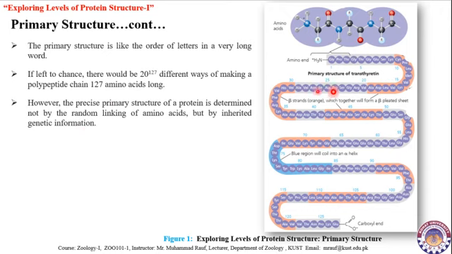So although this polypeptide has an enormous ability to become different because of the rearrangement of amino acids, with 20 raised to the power 127 combinations possible, it doesn't happen every time, because the sequence of nucleotides in the DNA determines the sequence of amino acids in proteins.